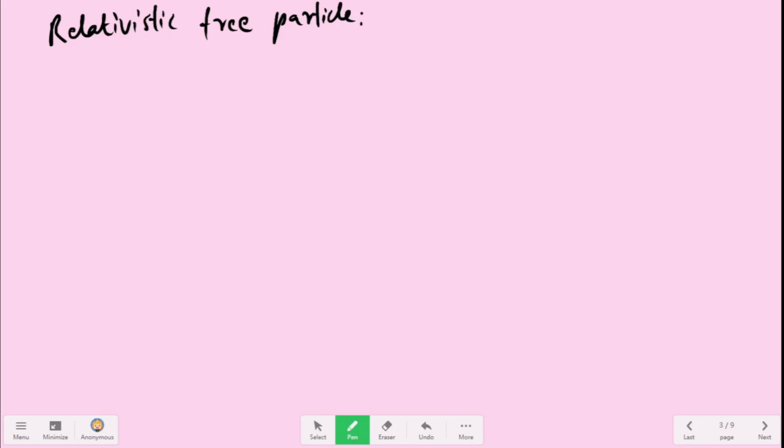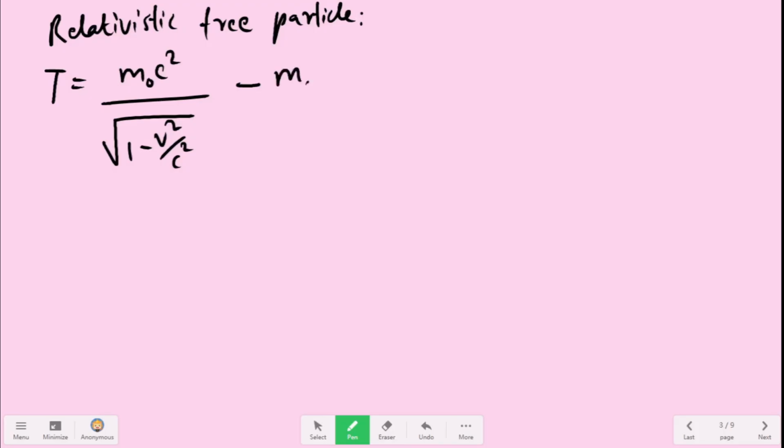In the case of a relativistic free particle, kinetic energy is equal to total energy minus rest mass energy, which is equal to m naught c square divided by root of 1 minus v square upon c square minus m naught c square. So this first term is total energy, and the rest mass energy is m naught c square. So this is the kinetic energy.